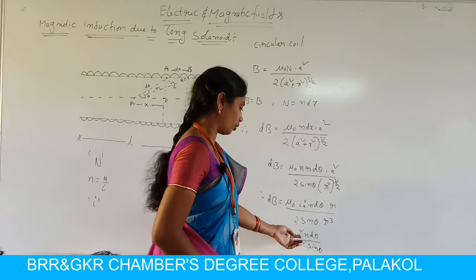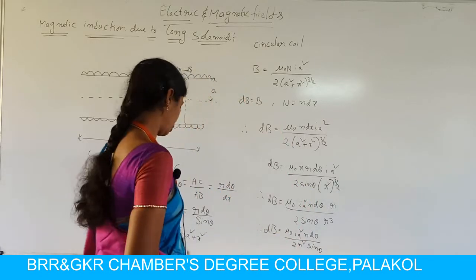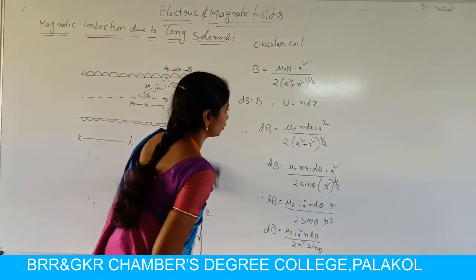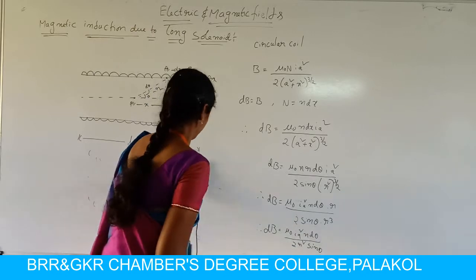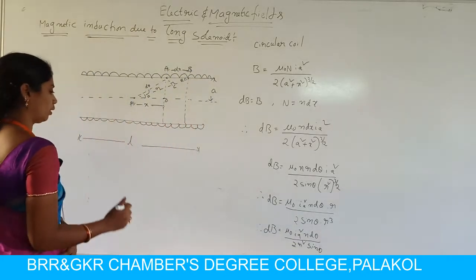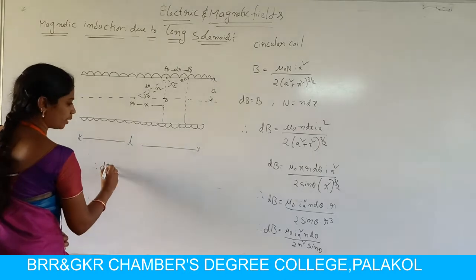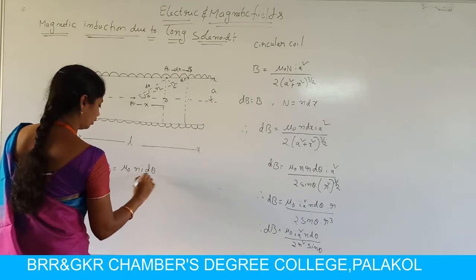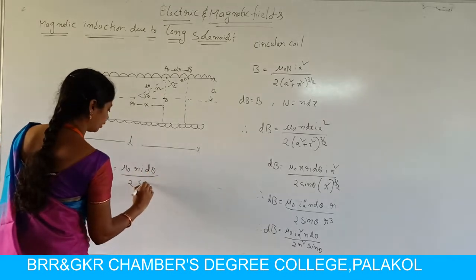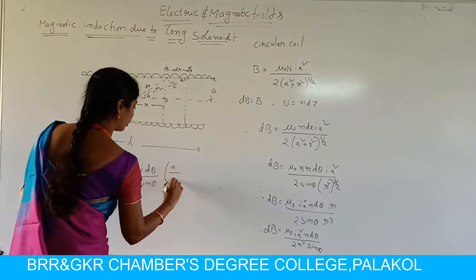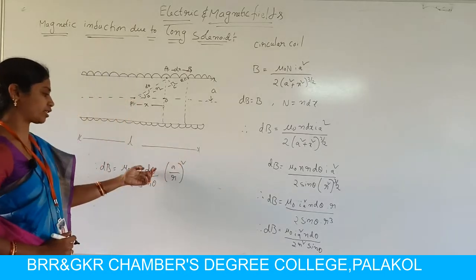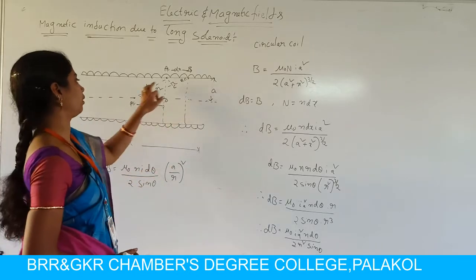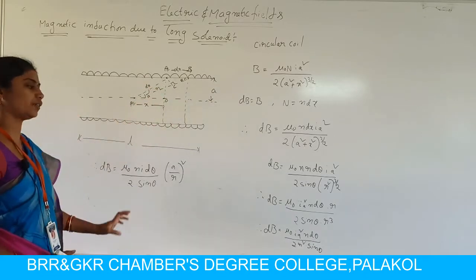Here we know this a square and r square are in the numerator and denominator, so we can write the equation simply: dB is equivalent to mu naught n I d theta by 2 sin theta into (a by r) whole square. Here from the diagram, a by r is nothing but equivalent to sin theta.